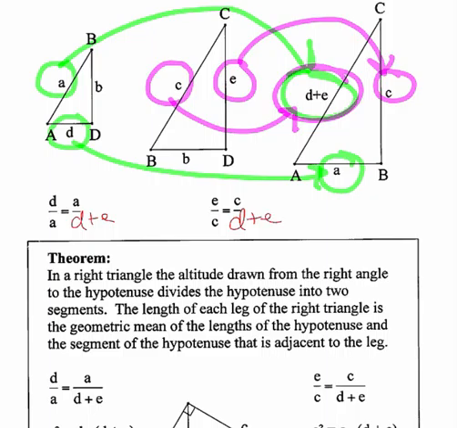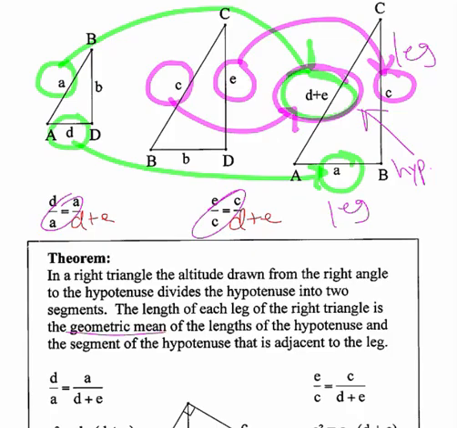So if you look at these parts, the main part we're interested in here is this D plus E, the hypotenuse of the original big triangle that I started with. And A was a leg of that triangle, and so was C. So when you read this next theorem, what it's saying is the leg of the right triangle, whether it's A or C, is the geometric mean of the hypotenuse and the segment of the hypotenuse that is adjacent to the leg.